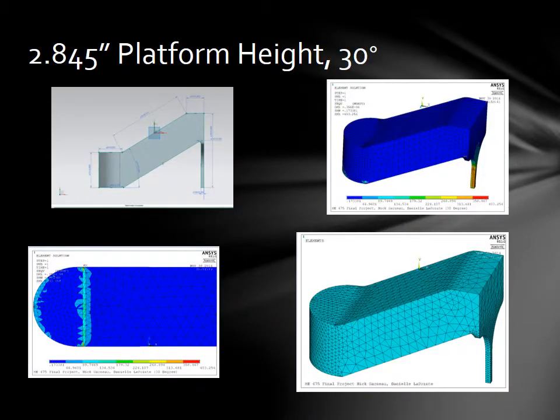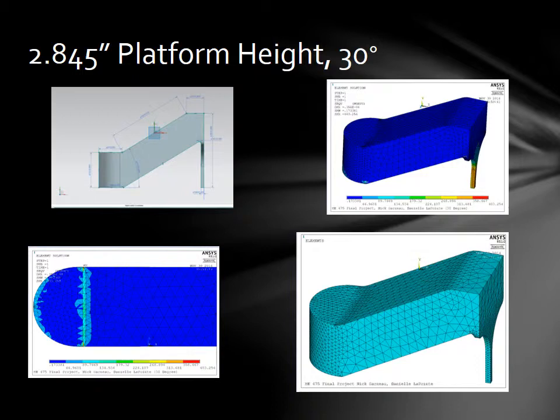This is our first design. We chose a 2.845-inch platform heel, or platform, with a 6-inch stiletto heel, which resulted in an angle of 30 degrees with respect to the ground. The upper left photo shows our original NX design, and the other photos show the ANSYS analysis.